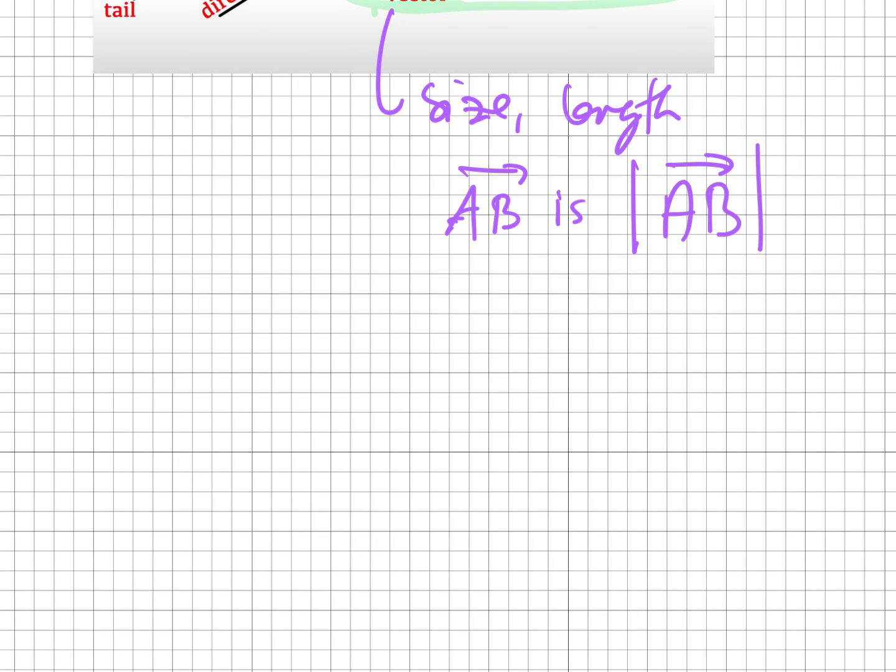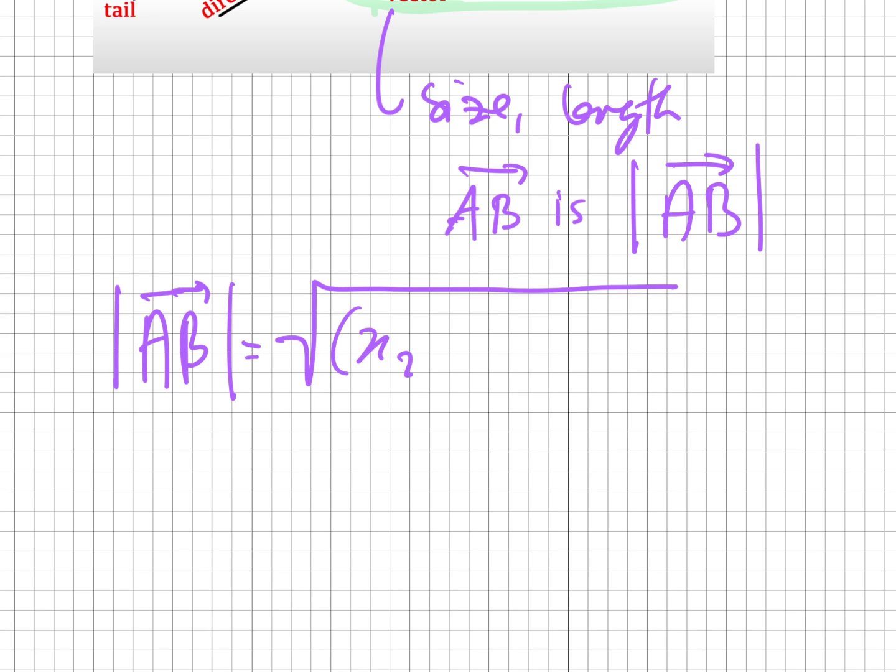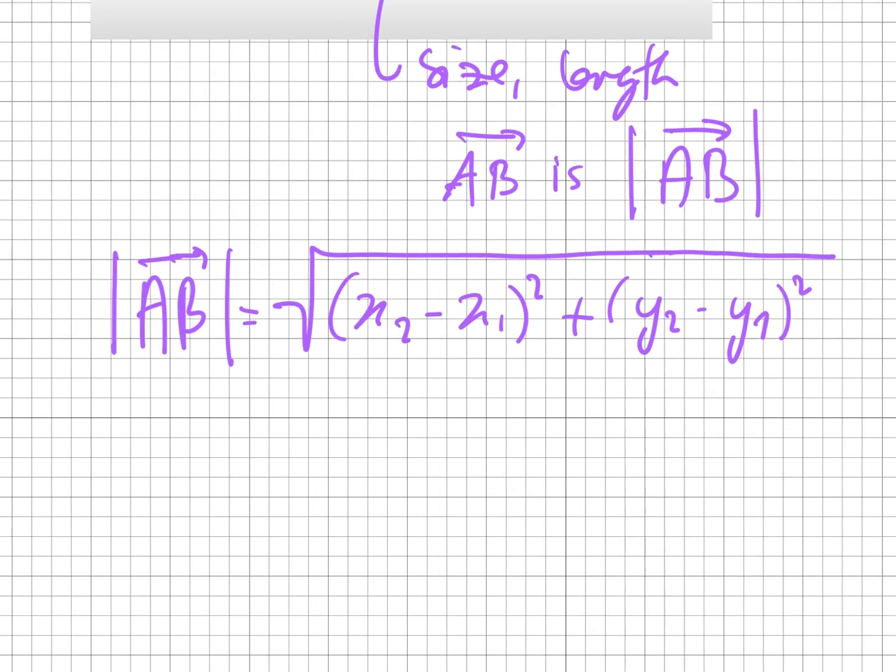Basically, it has a formula. The magnitude of AB is going to be equal to the square root of the two points, x2 minus x1 squared plus y2 minus y1 squared. If you look at that, it's very familiar because it's like the distance formula in your lower years. What does this mean?